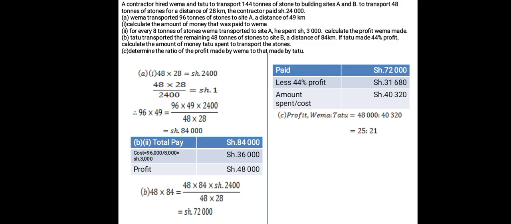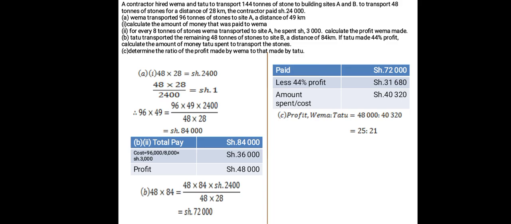So he divided the total tons, 96 by 8, multiplied by 3,000, and we get Wema spent 36,000 shillings. Now subtract that from 84,000, you get that Wema got a profit of 48,000 shillings.